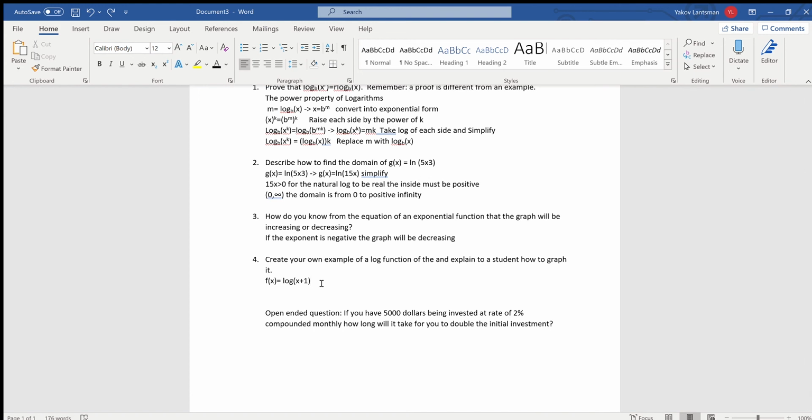If we have anything being added or subtracted outside of the logarithm, we're going to see a vertical shift. If we're adding something to the outside, let's say +1, it's going to be a vertical shift up 1 step. And if we have something like -1, it's going to be down 1 step. It's pretty simple. If there are any problems along the way, you can always create a simple t-chart, plug in values for x and see what values you get for y.